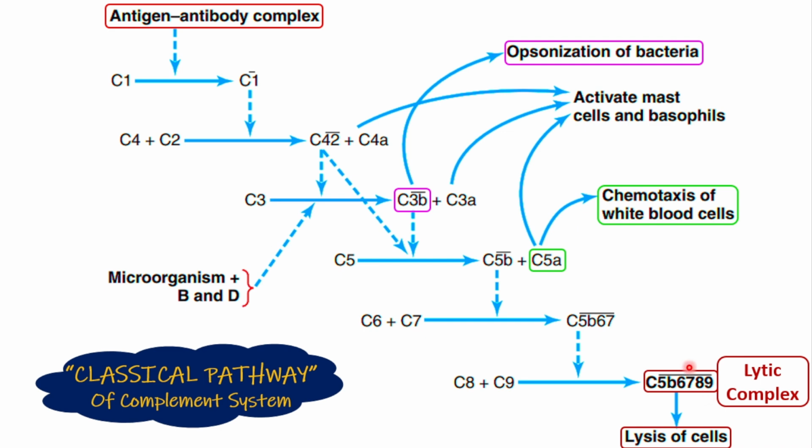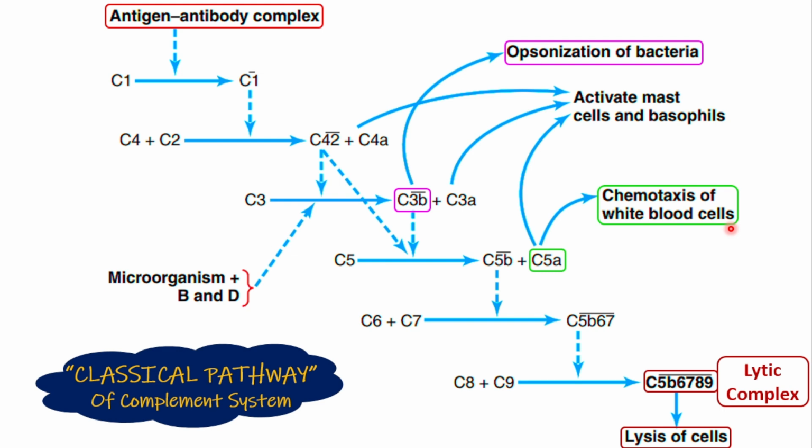Now you have to focus on these two which I have highlighted, one in pink and the other in green. So what is the function of C5a? The function of C5a is that it is involved in the chemotaxis of white blood cells.